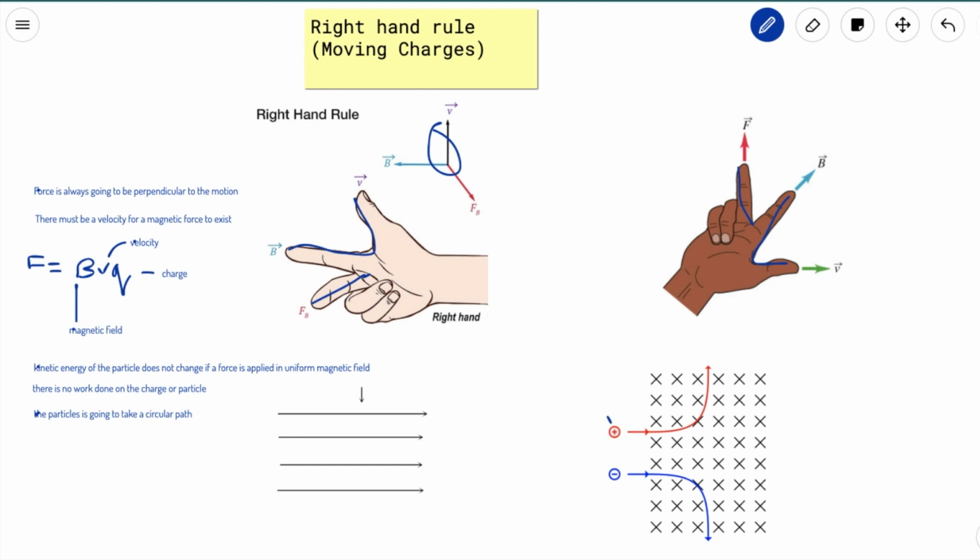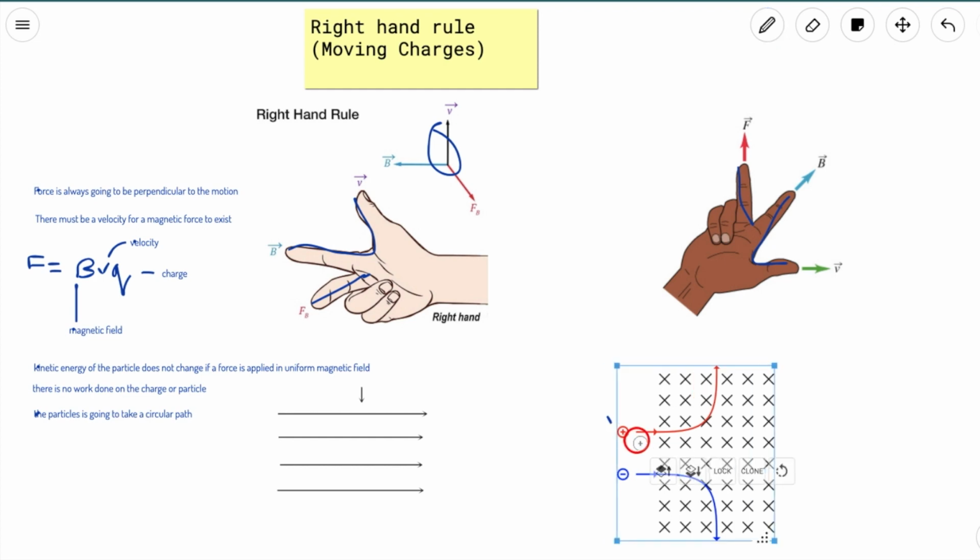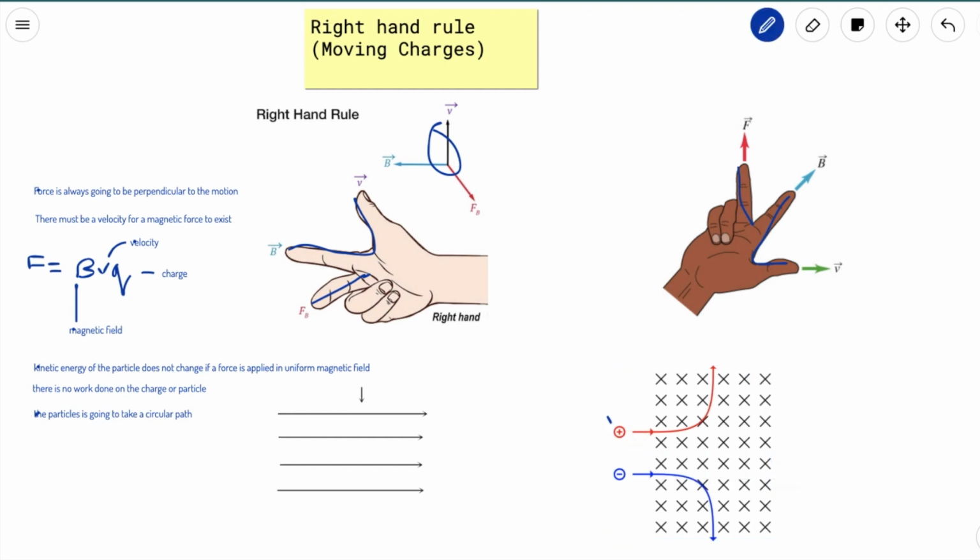So the first thing you have to do is recognize the direction of the magnetic field and the motion. So we can say the field is into the page, and the motion is to the right. So your thumb is going to be to the right, and your index finger is going to point into the page.